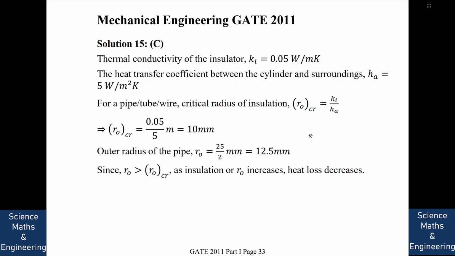The outer radius of the pipe r_o is 12.5 millimeter. So as outer radius is greater than critical radius, as insulation or r_o increases, heat loss decreases. So we'll go to the next question.